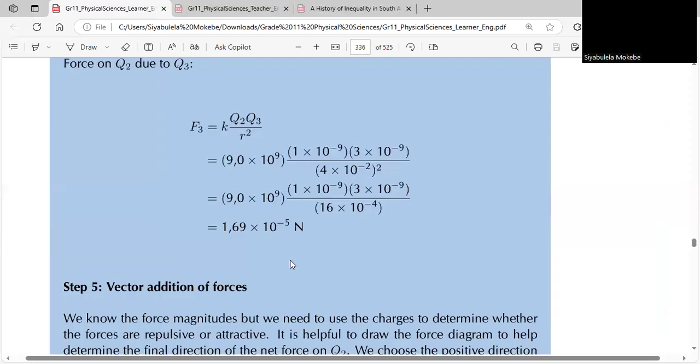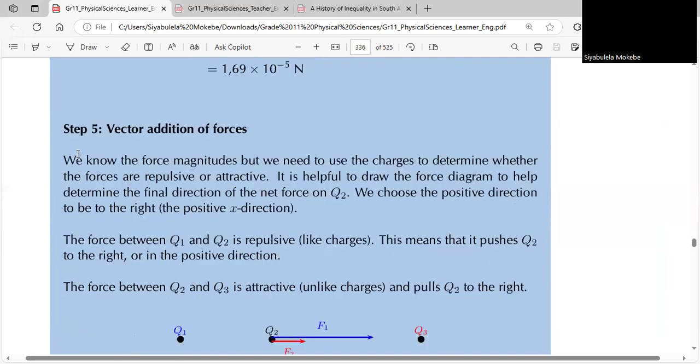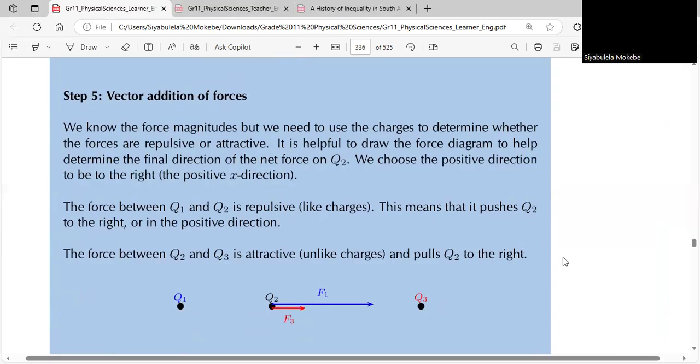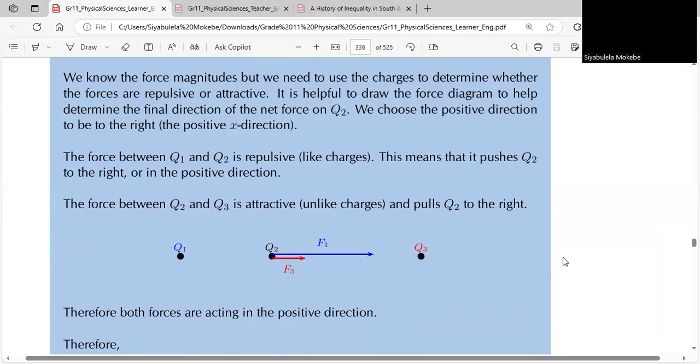And now let's look at vector addition of forces. We know the force magnitudes, but we need to use the charges to determine whether the forces are repulsive or attractive. It is helpful to draw the force diagram to help determine the final direction of the net force on Q2. We choose the positive direction to be to the right. The force between Q1 and Q2 is repulsive.